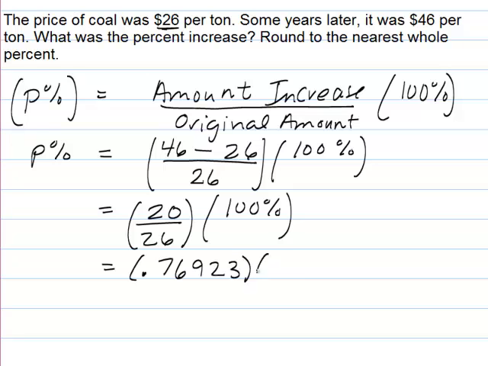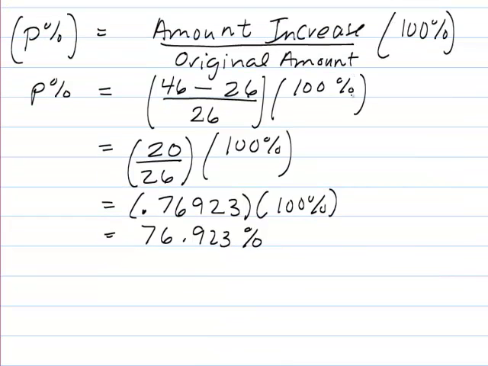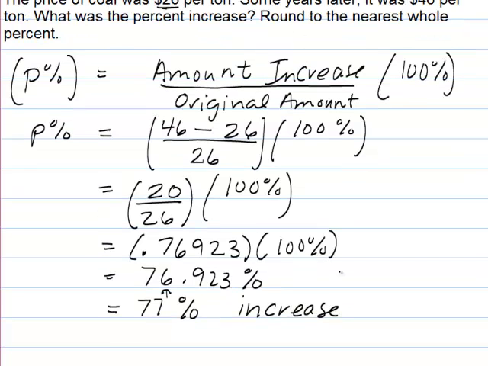It goes on, but I'm going to leave it in my calculator, and I'm going to multiply that by 100%, and then we will round. So this will equal 76.923%. But we want to round it to the nearest whole percent. We look next door. The 9 is greater than 5. Therefore, this is a 77% increase in the cost of coal.